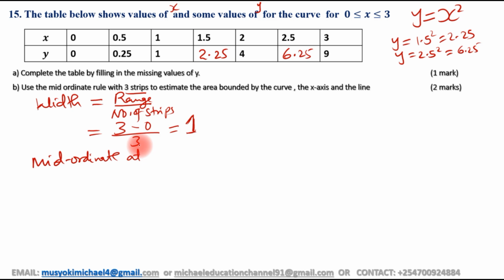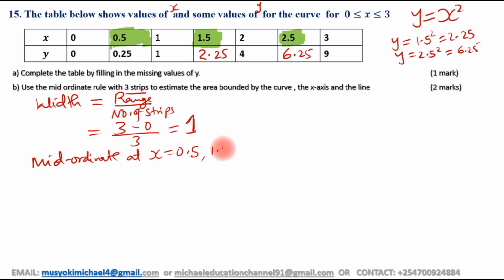Now to get the mid-ordinates, considering this very well, the mid-ordinates will be at x equal to 0.5, 1.5 and 2.5, since we are dividing into 3 strips.